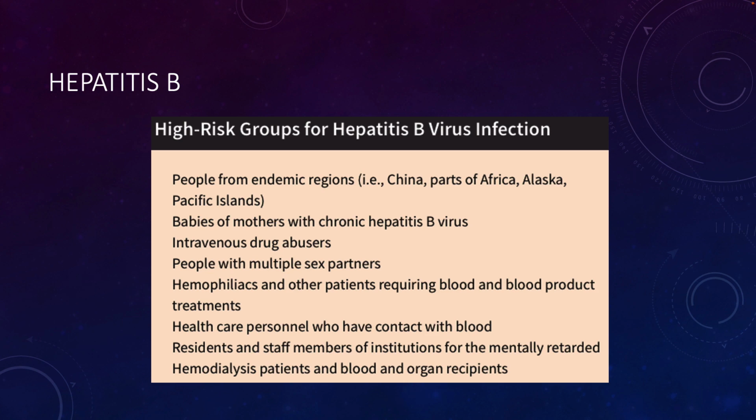Sometimes there can be aggression and fighting or inappropriate sexual behaviors. So having developmental disabilities also does not necessarily mean somebody's going to get hepatitis. It's the behaviors that might happen because of that that could lead to the infection. And then, of course, hemodialysis patients and organ recipients.